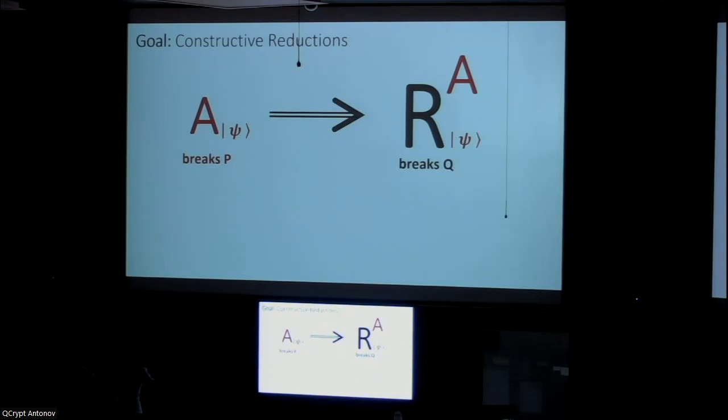So yes, we can break Q, but if we get these clonable states, how we get them, I don't know. So what we really want is that if we can break P, we can actually break Q, not to say that if we had these states, who knows where I'm going to get them, then we can break Q.